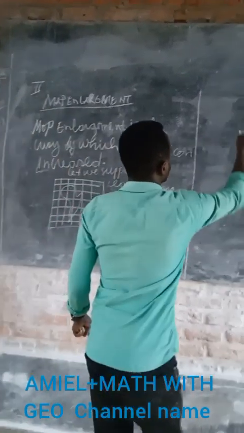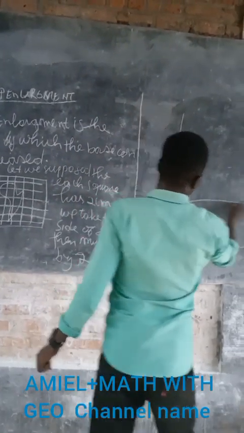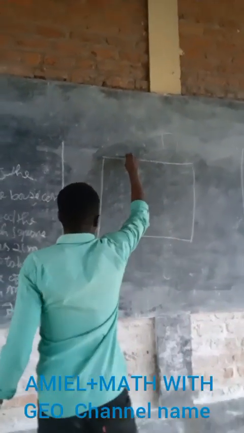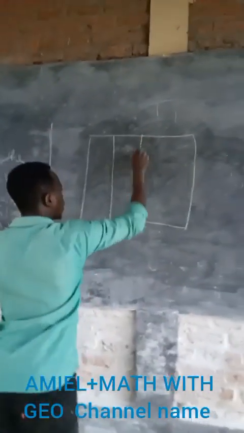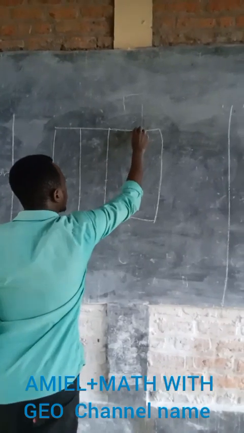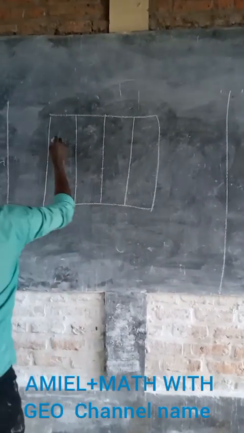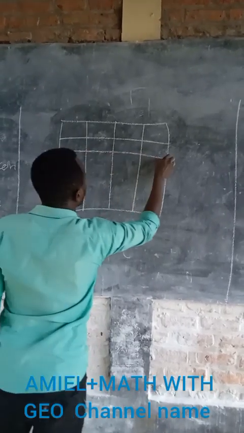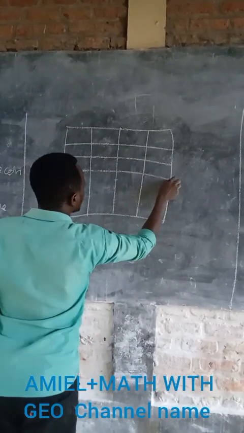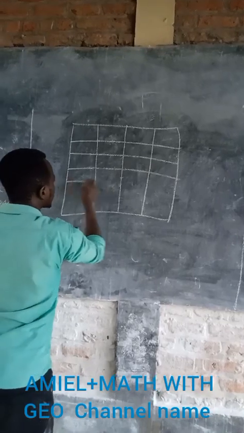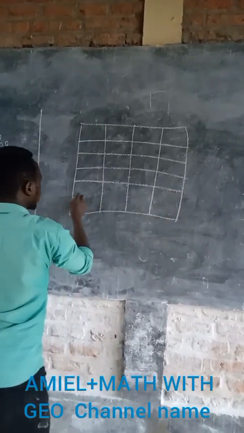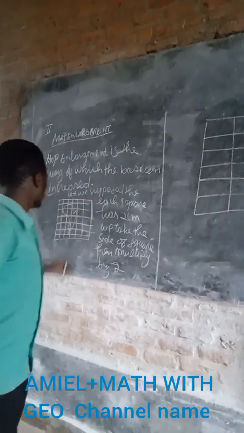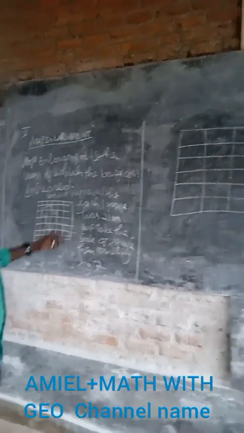So here we have the squares which are big, which are double the previous ones. You see this one is totally different from this.